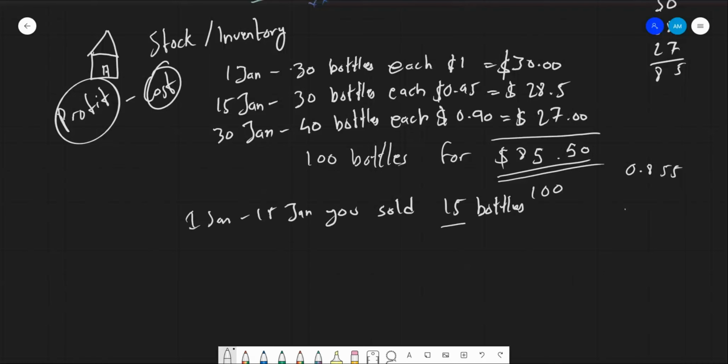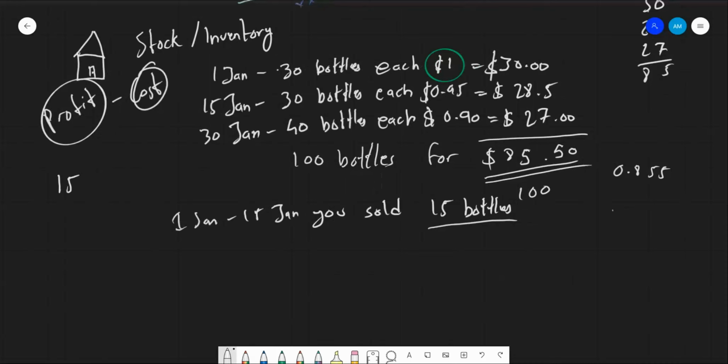So what would the cost of these 15 bottles be? It's going to be the $1, right? And then whatever we are selling it for, we would deduct the cost, right? So if we've sold 15 bottles, we are remaining with 15 bottles remaining. Okay.